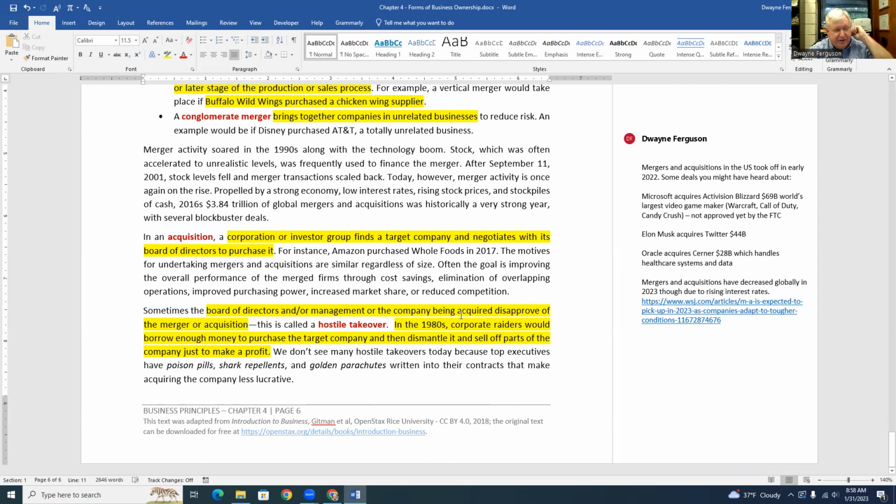And sometimes the board of directors does not want to, or the investors do not want to negotiate with this company. They don't want to be taken over. And so this is called a hostile takeover. And so I gave you some information on how that could happen. So the board of directors or management of the company being acquired disapprove of the merger or acquisition. This is called a hostile takeover.